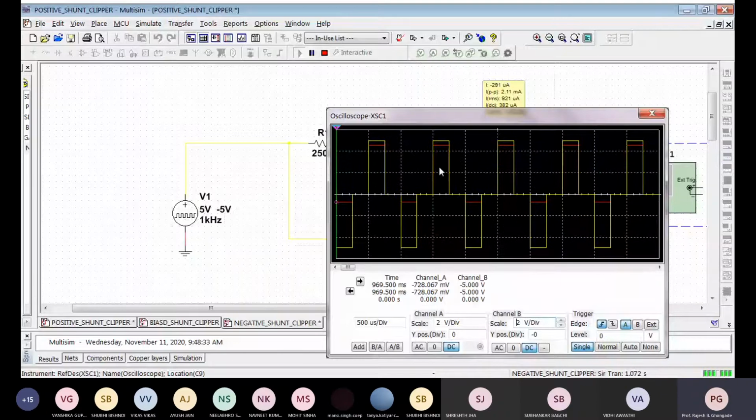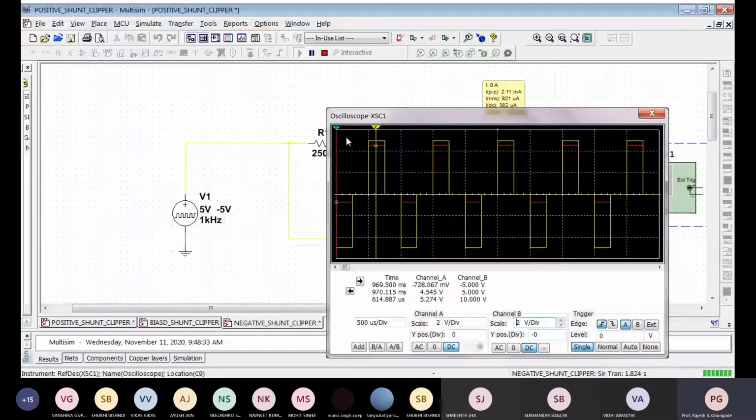So let us check whether we really have 4.5 volts. You can see here that the cursor stays at 4.545 volts. So our condition is satisfied. Is that fine? Yes, sir.